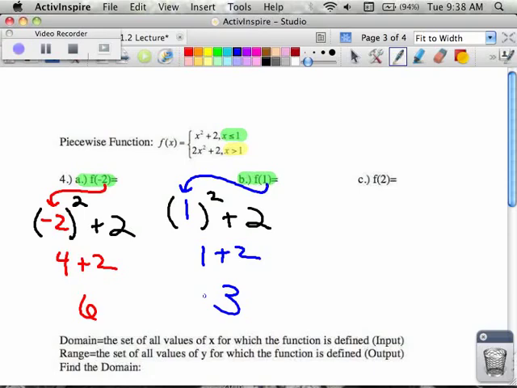Again, the highlights are only telling you which one to use, top or bottom. They're conditions. That's all they're for. They do nothing else. Last one, f of 2, is a number that's more than 1. So I'm going to use the second part of my piecewise function, which tells me I'm going to write 2 times something squared plus 2.